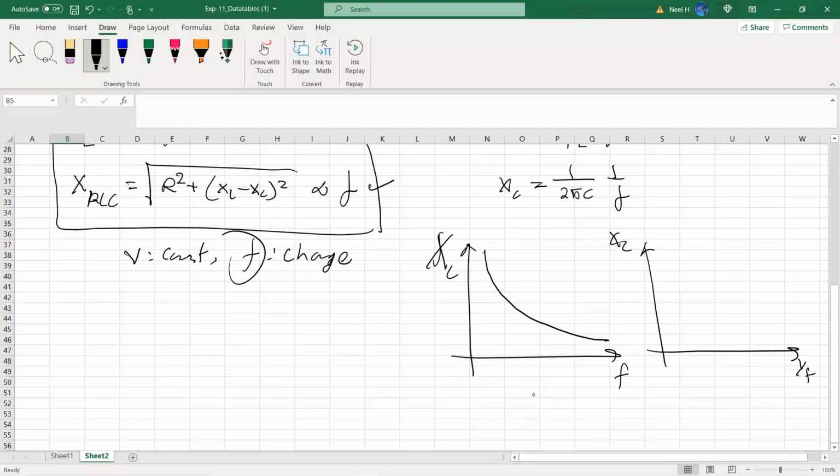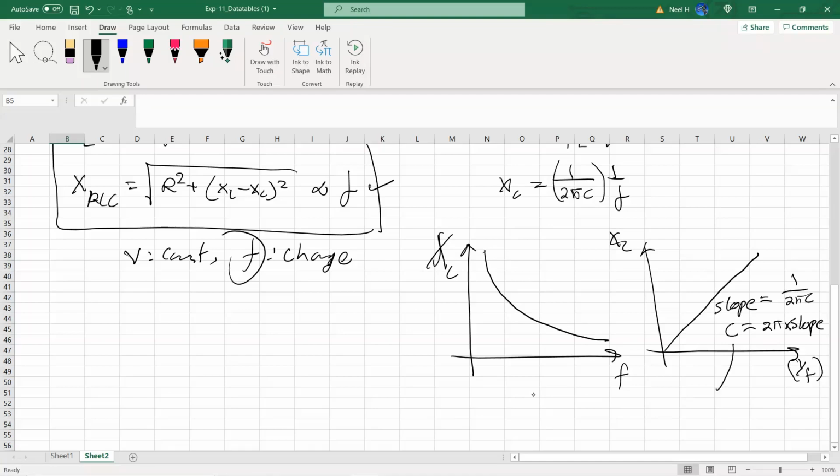But if I use the x-axis as 1 over F, then this should be linear. If I take the slope of this graph, the slope should be equal to 1 over 2 pi C. From there, we can calculate the capacitance, which is simply equal to 1 over 2 pi times the slope of the graph.